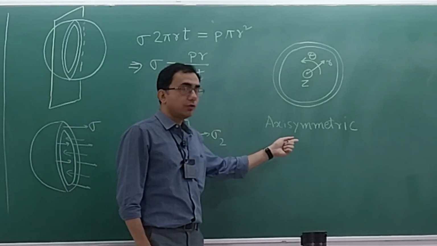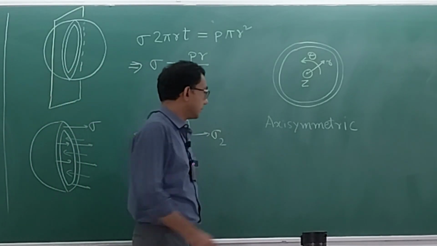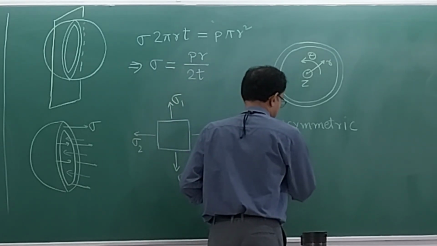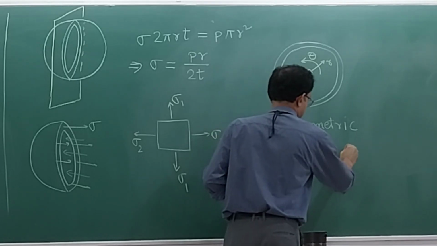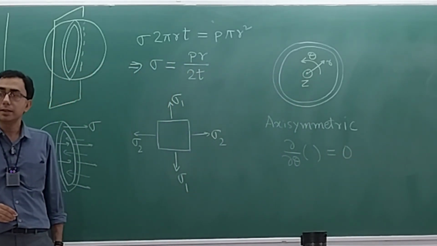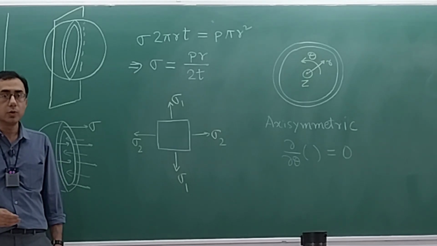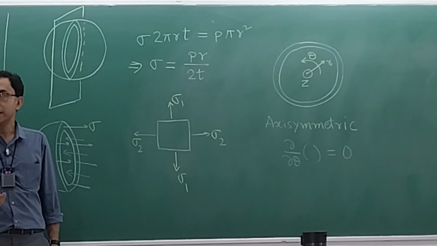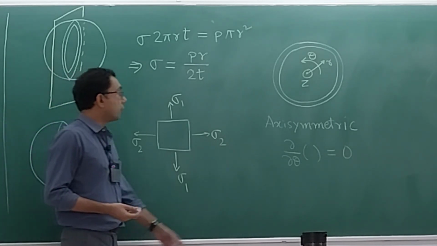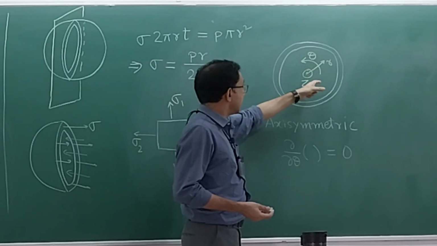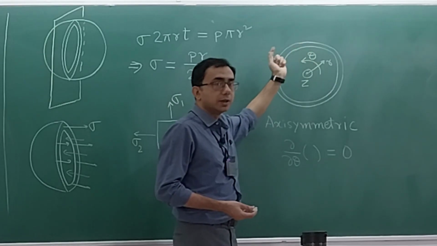Now, the implication of axisymmetry is the mathematical implication that the del by del theta of anything is equal to 0. In words, what it means is that there is no variation in the theta direction. So whether you sit here or here or here, with reference to the center, they are all equivalent positions.